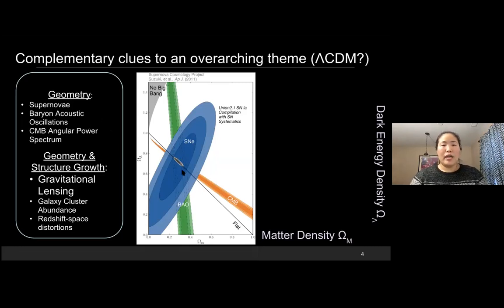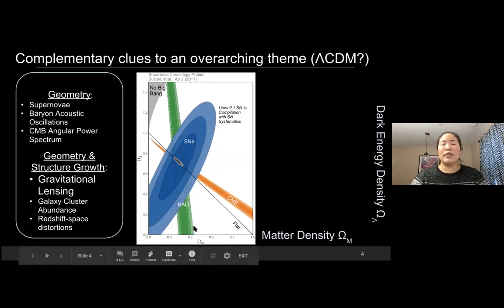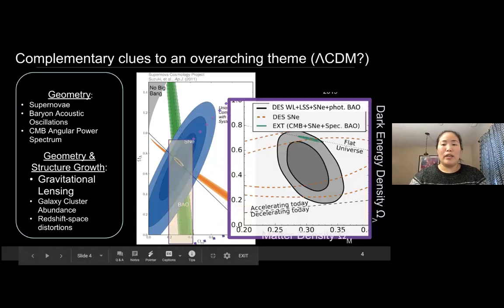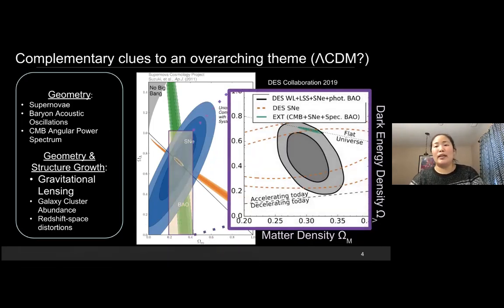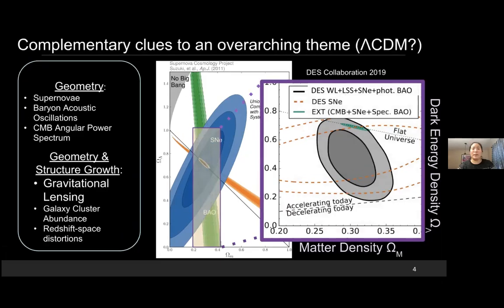But you can see that they have different orientations in this particular plot. So they each contain different pieces of information and together are very complementary. And if we look at the situation today, here's a plot from one of the Dark Energy Survey results.